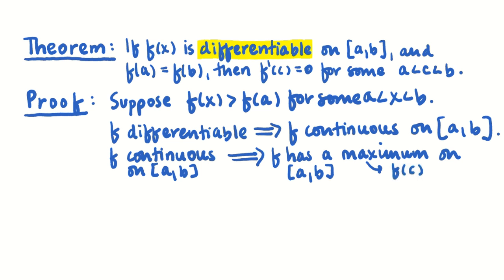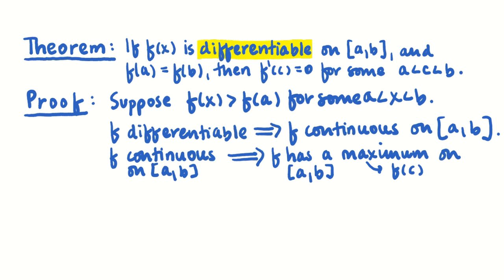Because I've got this fact that f of x is bigger than f of a at some point on the interior of the interval, that means this maximum can't happen at the endpoint. At the endpoints, the y-coordinate is f of a and f of b, which is the same as f of a.